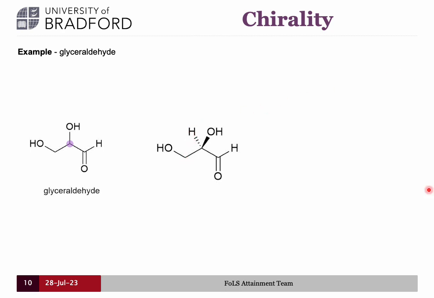So the first thing we can do is give the oxygen the highest priority, as its atomic number is 8, and hydrogen the lowest priority, as its atomic number is 1. Then we have 2 carbons to decide from, and to do this we need to follow the structure on each side and see what these carbons are attached to.